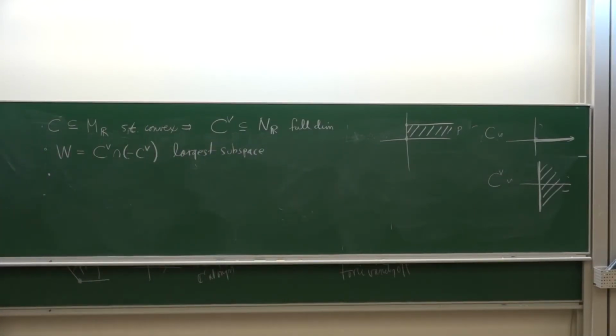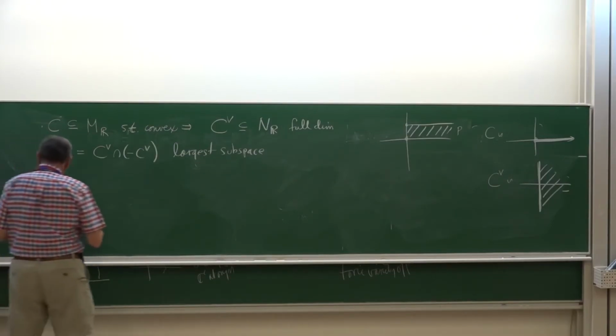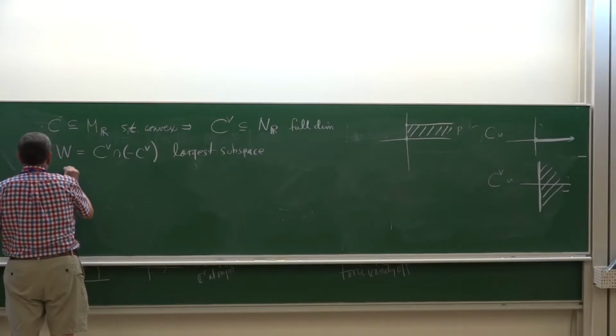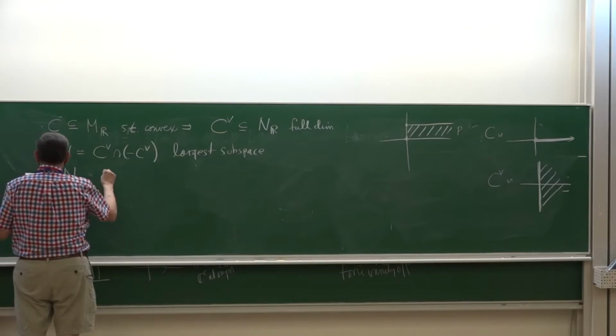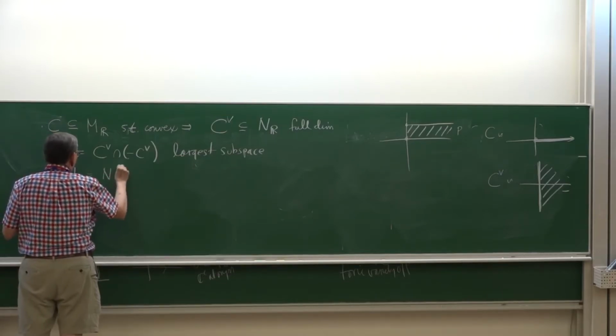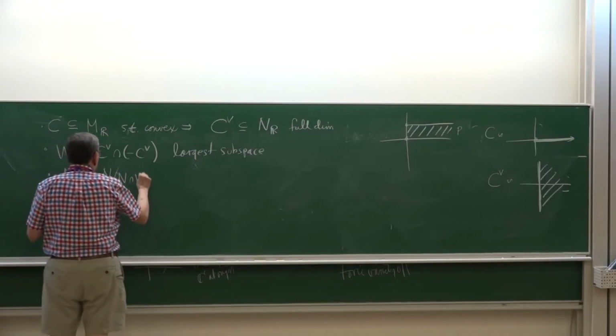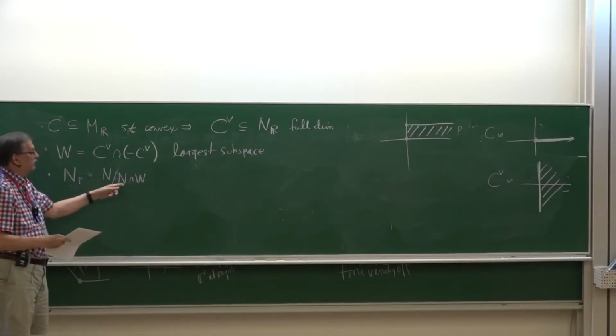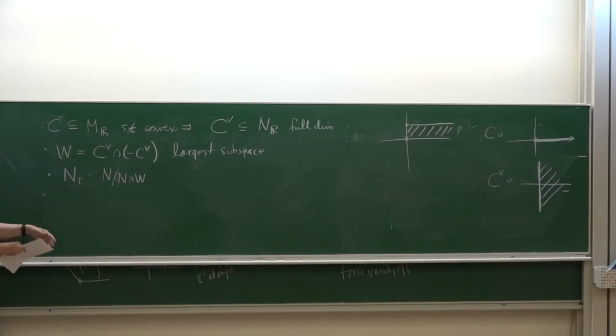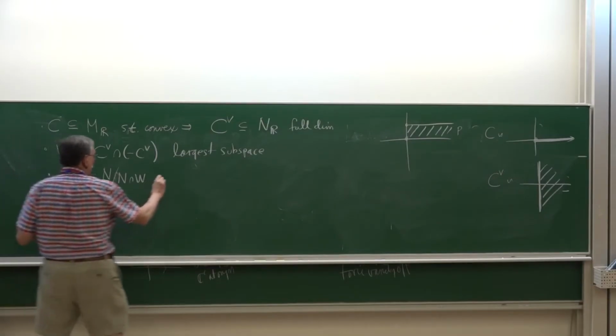So how am I going to turn my dual cone C check into something that's strictly convex? What am I going to do? I take a quotient. Yeah, so that's exactly right. And then what I do is I'm going to call this N sub P because it depends on P. Because remember, I want a lattice, so I just take the lattice points in the subspace quotient out. This is saturated, so this is a nice free abelian group. So this is definitely a lattice.